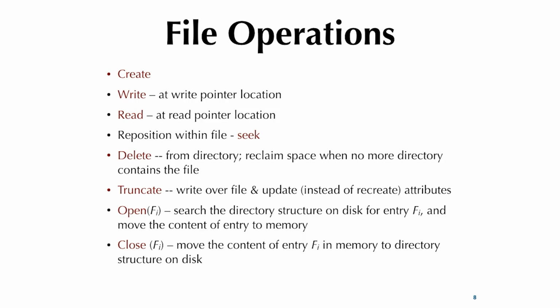So operations, and that's really the topic for this chapter. You have create, write, read, delete, truncate, open, close. You probably know what these mean. Create is to make a new file, write is to write at the current location. And you can potentially move it.